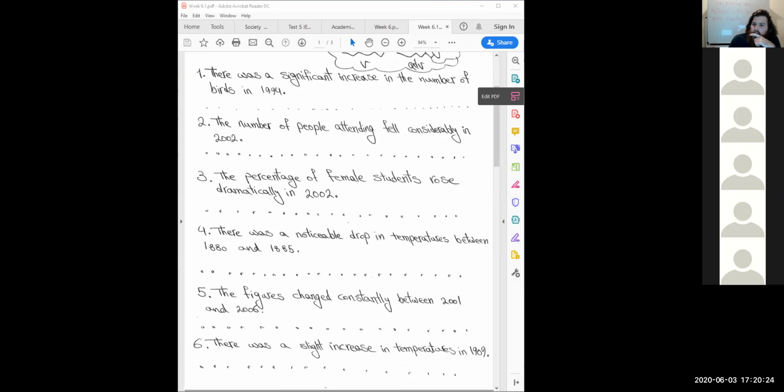Okay, good stuff. Nelly, would I be able to get you to read out the first one, number 3, for me, please? If you could just read that out loud for me. Number 3. The percentage of female students rose dramatically in 2002. Great. And how would you say that in the alternative way?